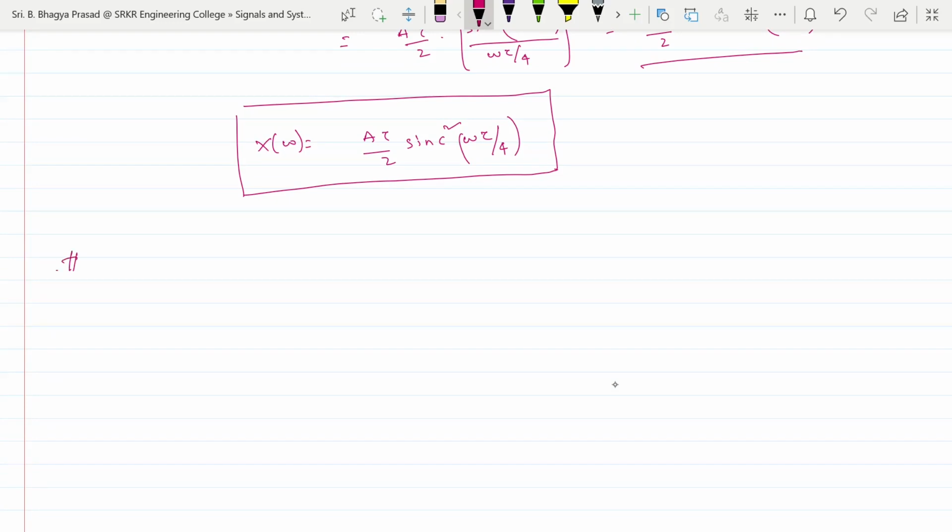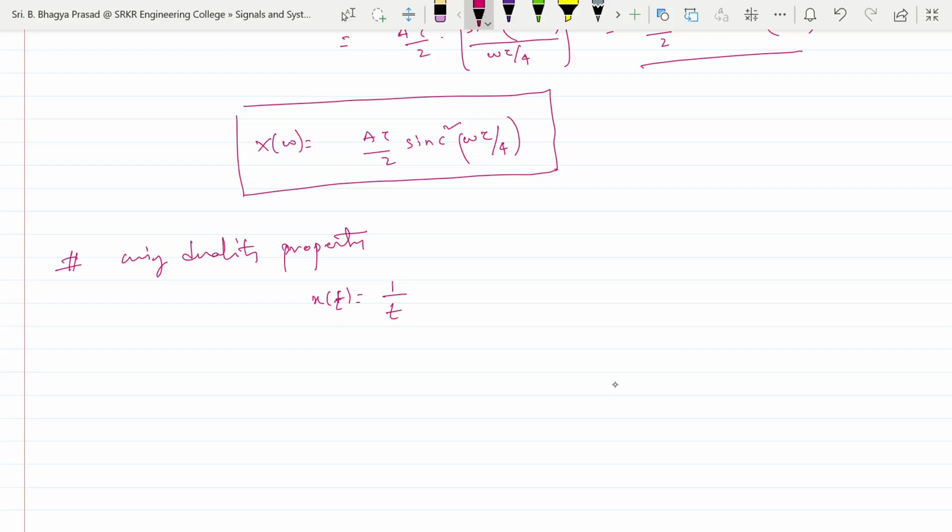Now let me solve another problem where we use the duality property. Let us consider a problem x(t) equal to 1 by t. To solve some problems we have to use the properties, and to use such properties you should be well aware of some transform pairs.